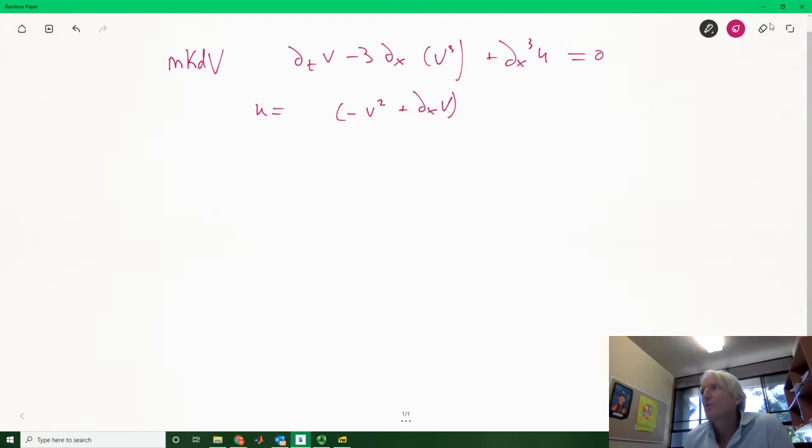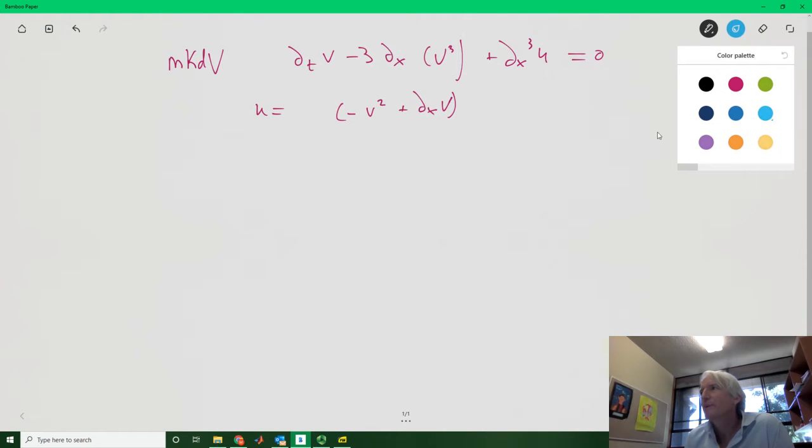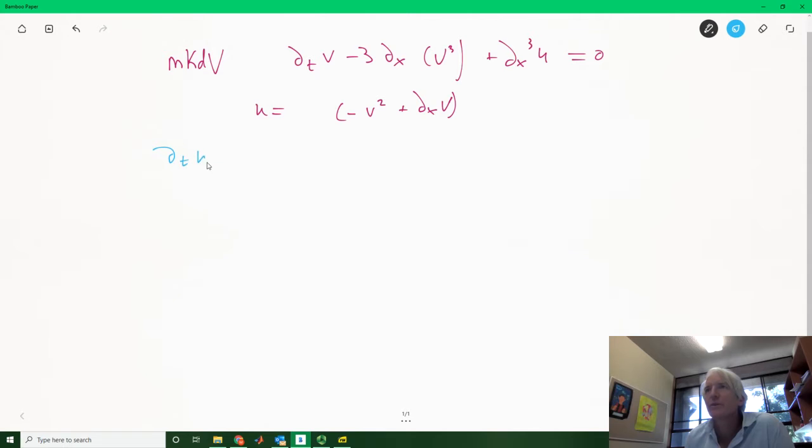We can see how this works really simply if we just do some substitution here. So we start out with the KdV equation, and then we substitute that u is equal to that and rearrange it.